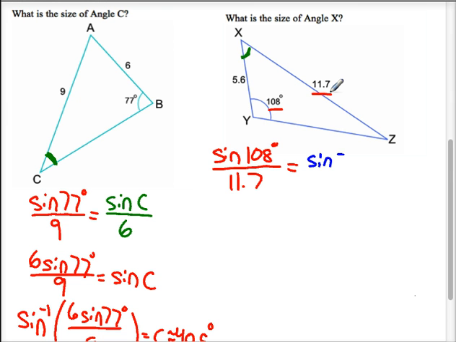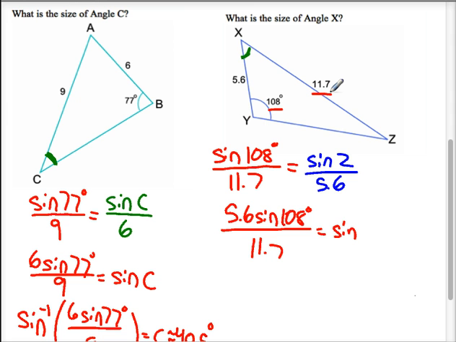So, if I find the sine of Z over that side opposite of it, which is 5.6, when I have that construct, I'm going to do the same thing I did before. All right, I'm going to multiply that 5.6 over. I'm going to inverse sine it so I can actually get what that angle is.